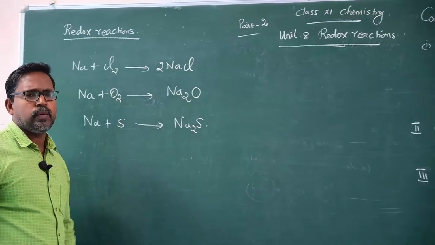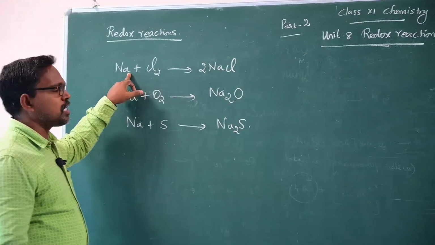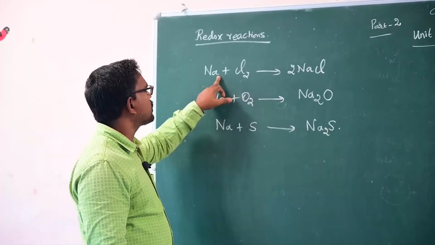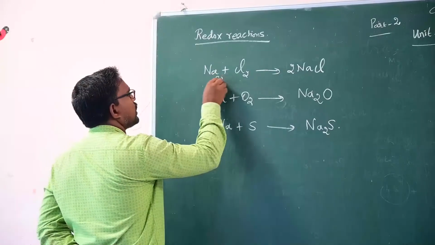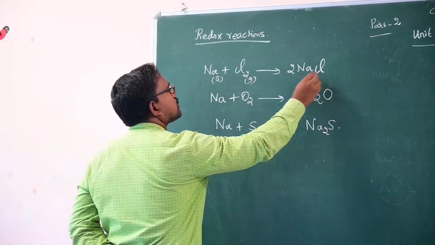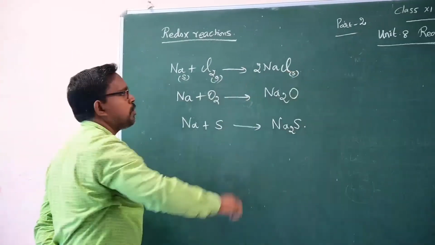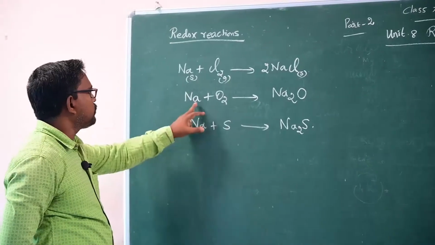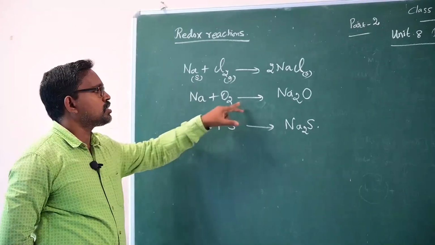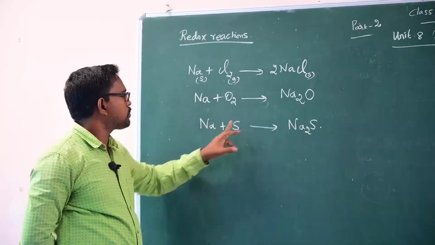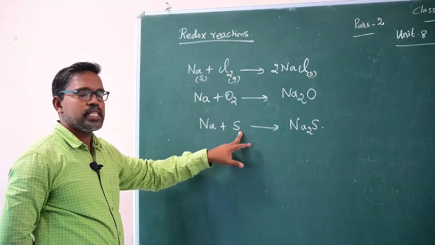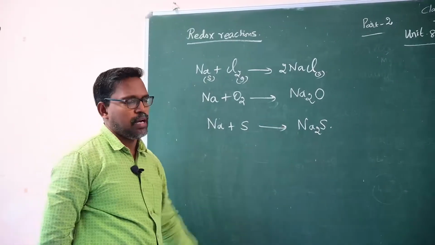We know that electropositive metals like sodium in the solid state react with chlorine gas to give sodium chloride. The same sodium reacts with oxygen to give sodium oxide. Sodium reacts with sulfur to give sodium sulfide.